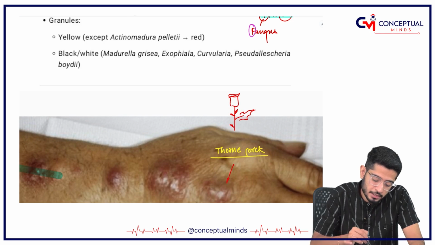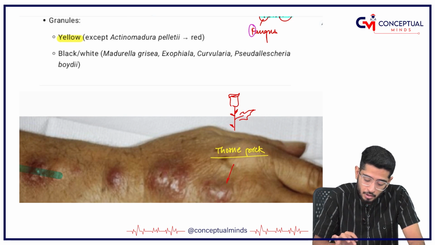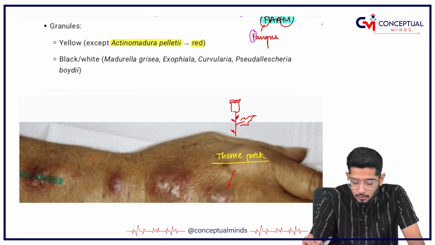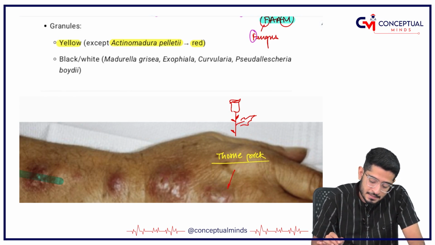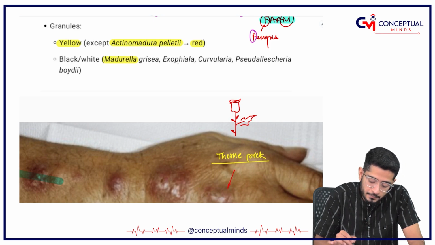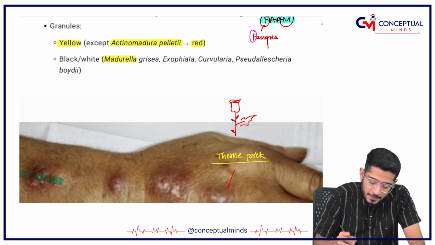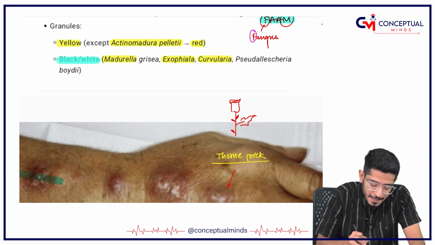Now how will you differentiate who is the organism? So remember, generally these are the yellow granules which are released, whereas red granules mean it is Actinomadura pelletieri. Actinomadura is responsible for red, otherwise they are yellow granules. Whereas for other organisms like Madurella and Curvularia, the granules are going to be black and white in color.